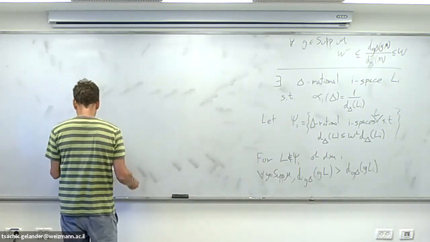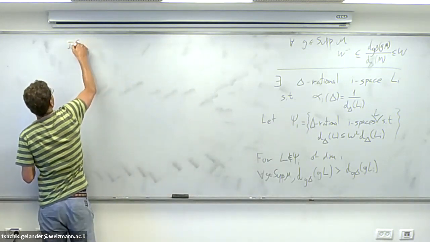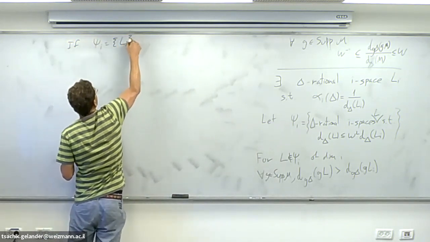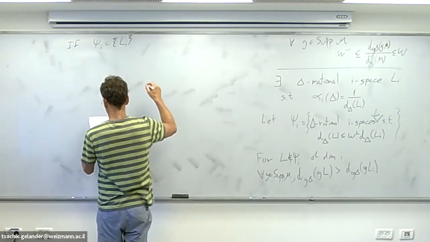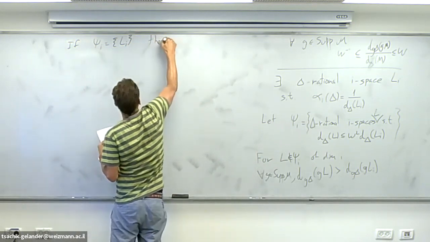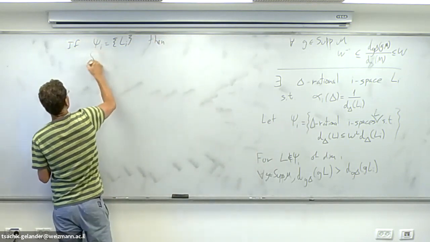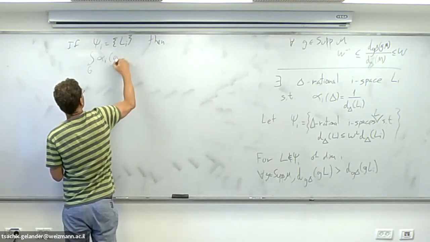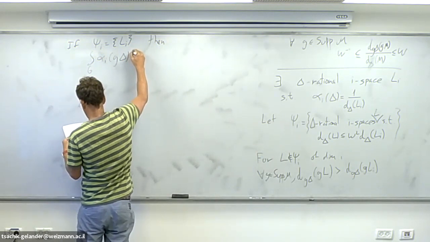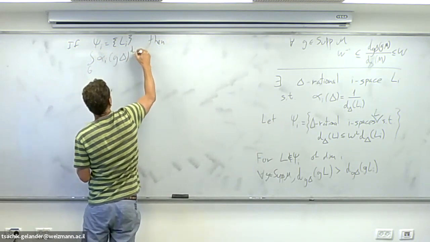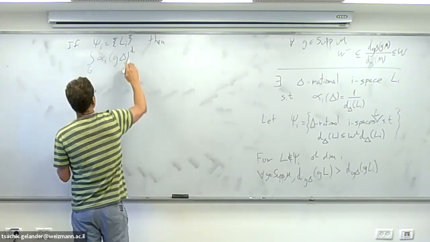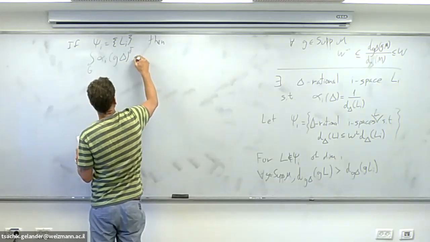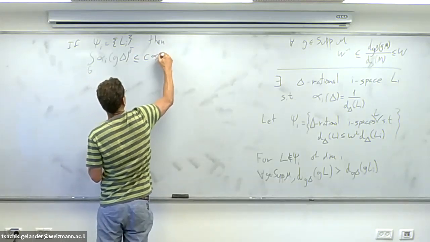So, therefore, if it's only a singleton, psi i is just Li, then we clearly have that the integral over G of alpha i of g delta is less than C alpha i.